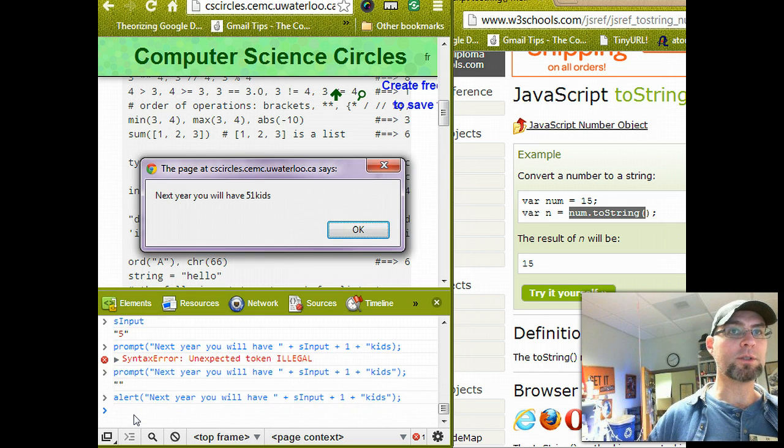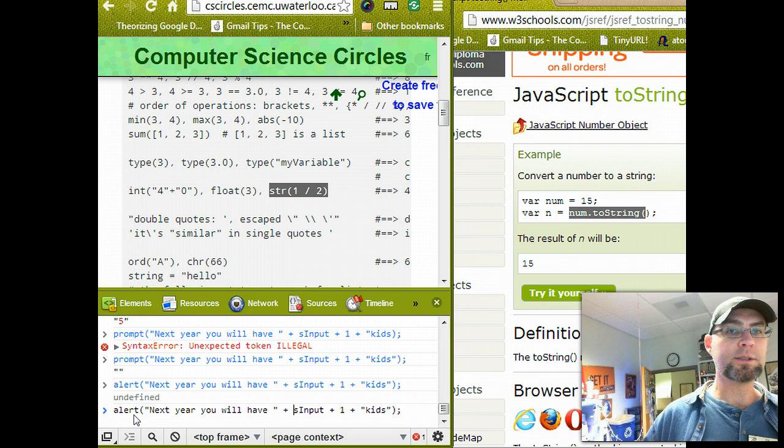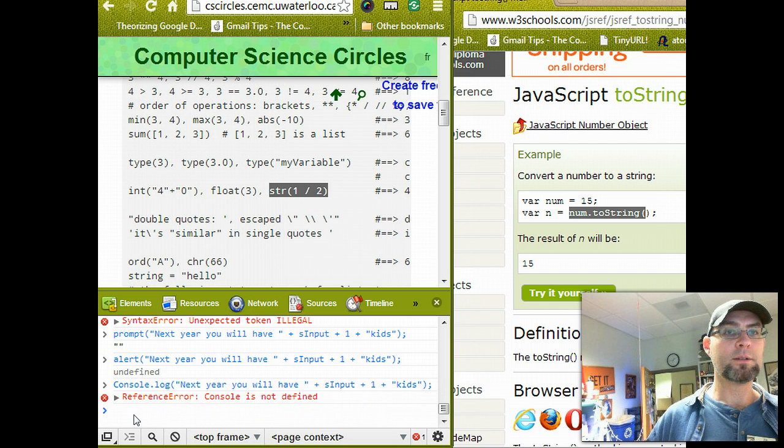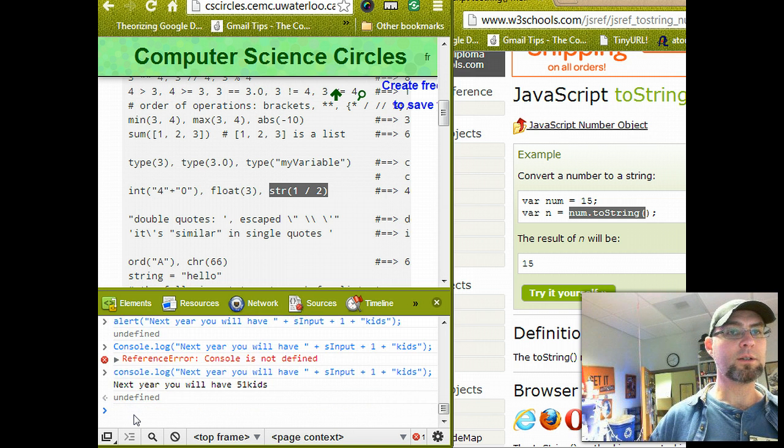I could also do console.log. So let's do that instead. We'll do up arrow. Instead of alert, I'm just going to do console.log. Am I doing it wrong? Console.log. I feel dumb. Console, is it console.log?